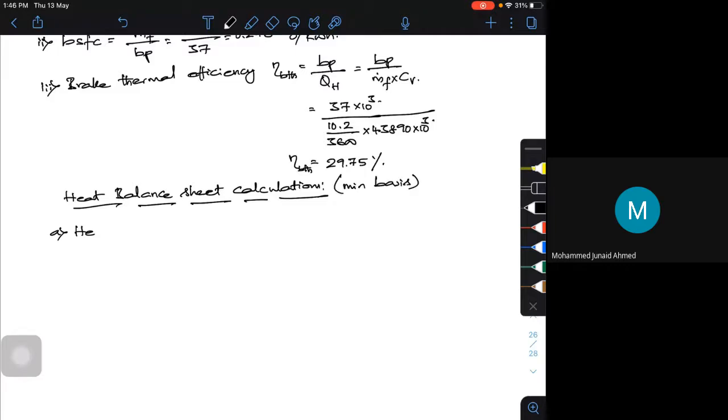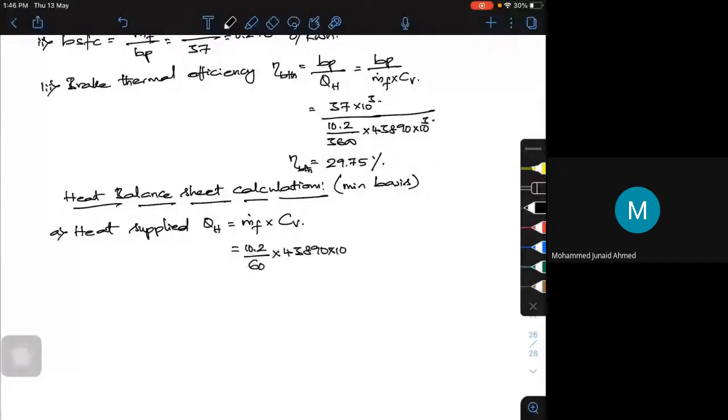So heat supplied, that is QH, is equal to the mass of fuel into the calorific value. The mass of fuel is 10.2 kg per hour. I want it in minutes, so divided by 60, into 43,890 into 10 to the power of 3.